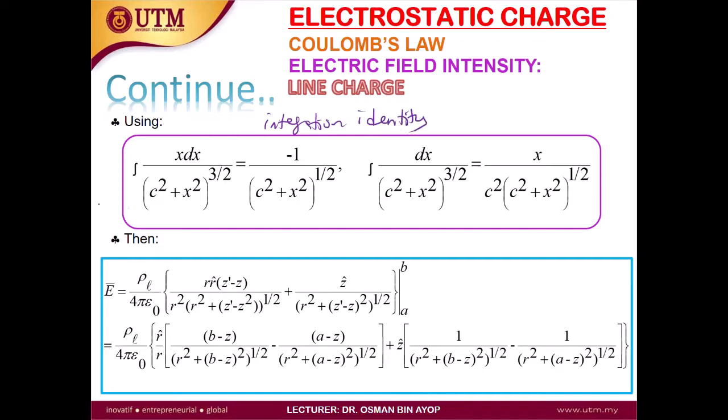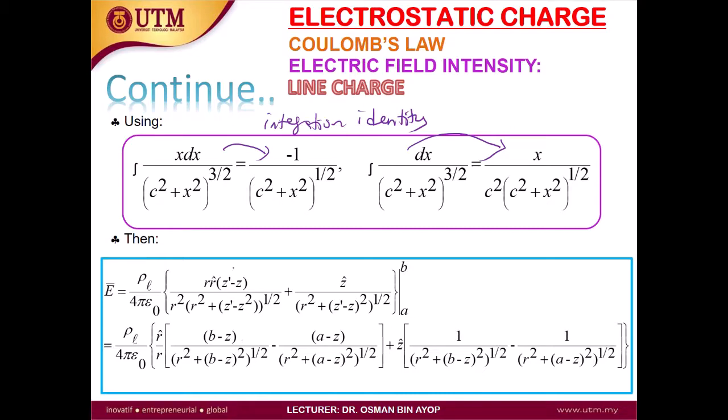Okay, you can see this form will become this, and this form becomes this. So you have to compare. From this identity, our solution of this integration becomes this form.